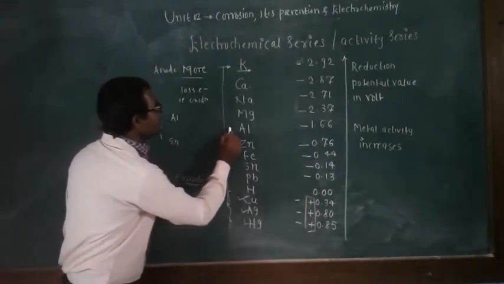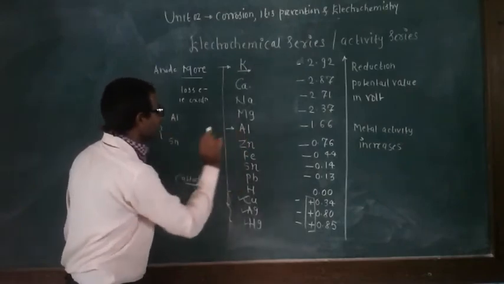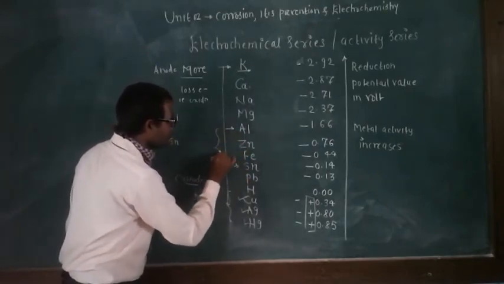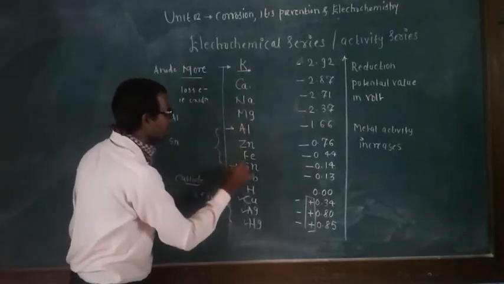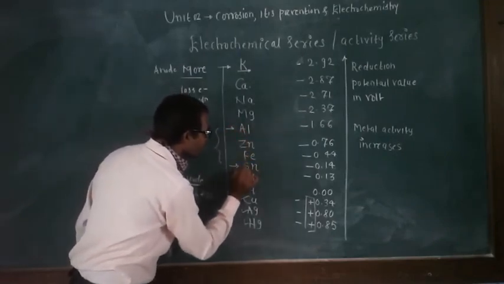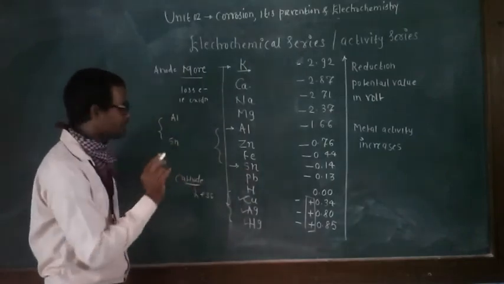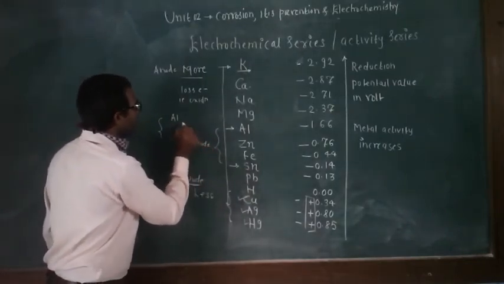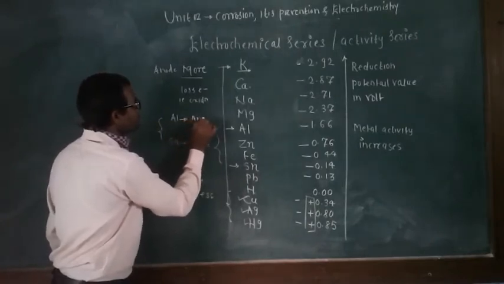Here aluminium's position is here, and in comparison, tin is placed at the bottom of the activity series, and therefore it is said to be a cathode and aluminium is said to be an anode.